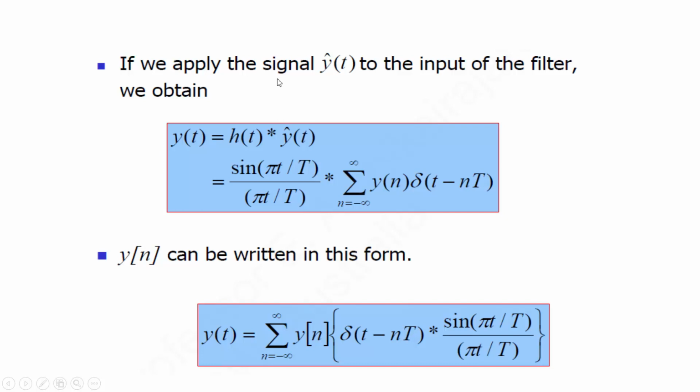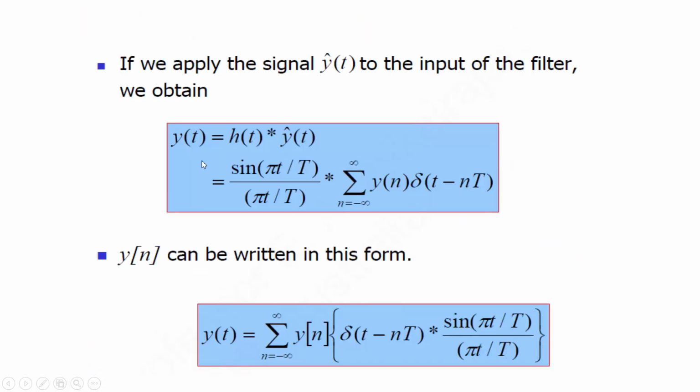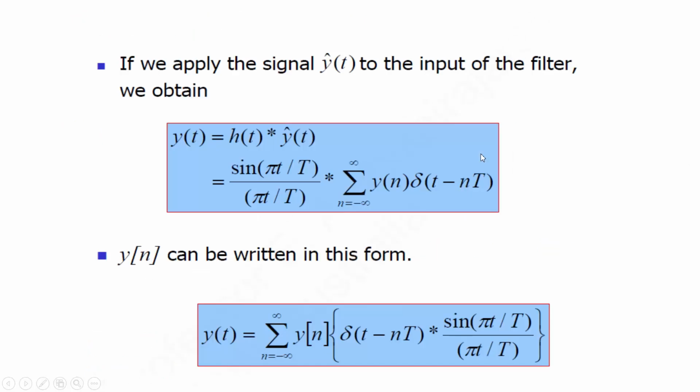Now, we apply this signal y hat(t) to the filter. In the ideal case, as I said, we take impulses. Our y(t) will be at the output, and y hat(t) will be convolved with h, the time domain impulse response of the filter.